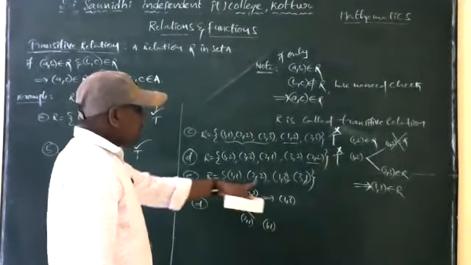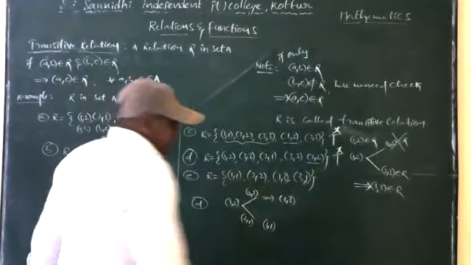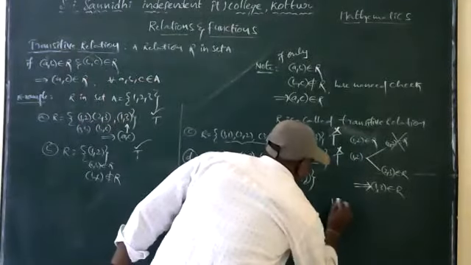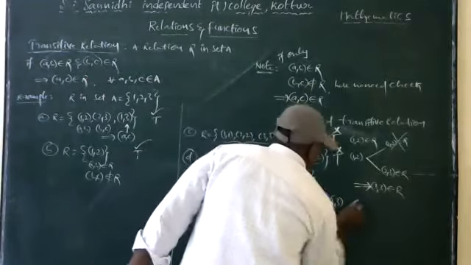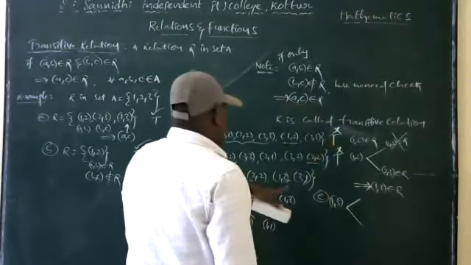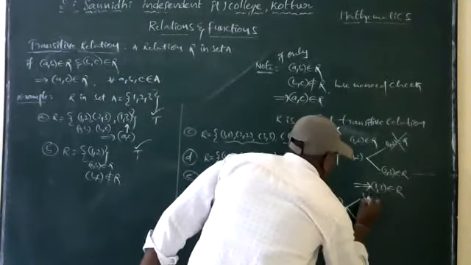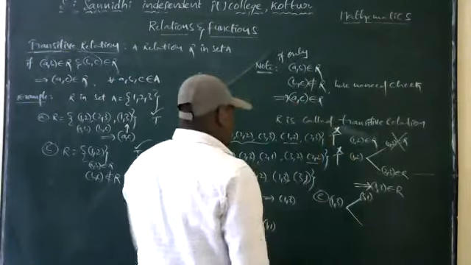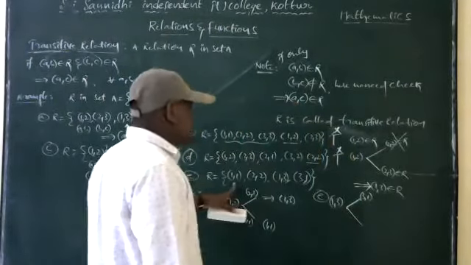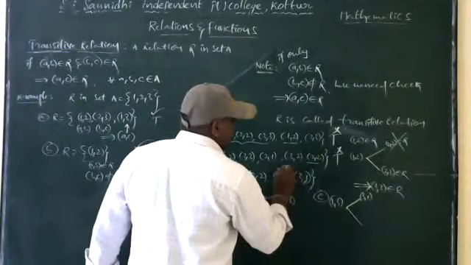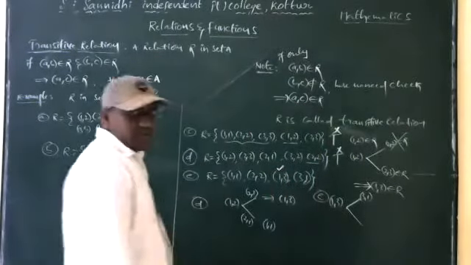Similarly, here 1 comma 1, 2 comma 2, 1 comma 3. 1 comma 3 is there, and 3 comma 1 is there, then 1 comma 1 is also there. That's why it is satisfied. This order pair satisfies transitive.